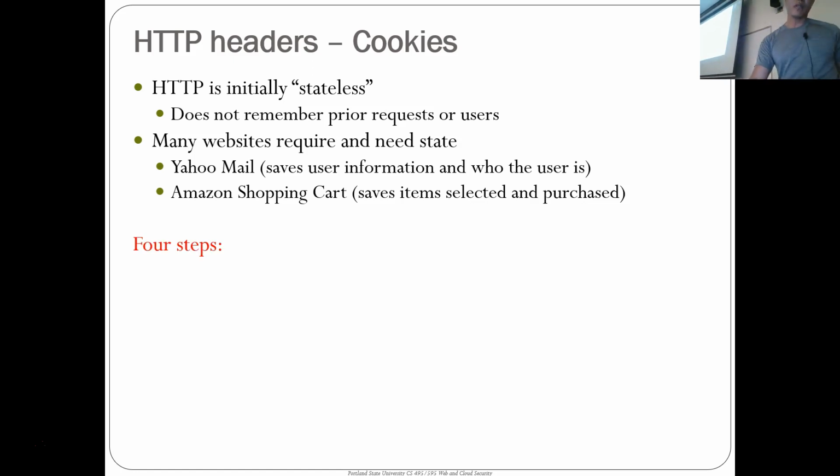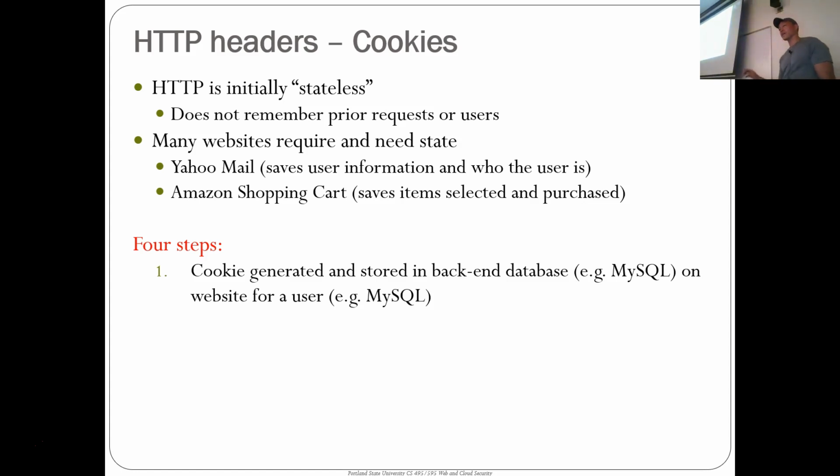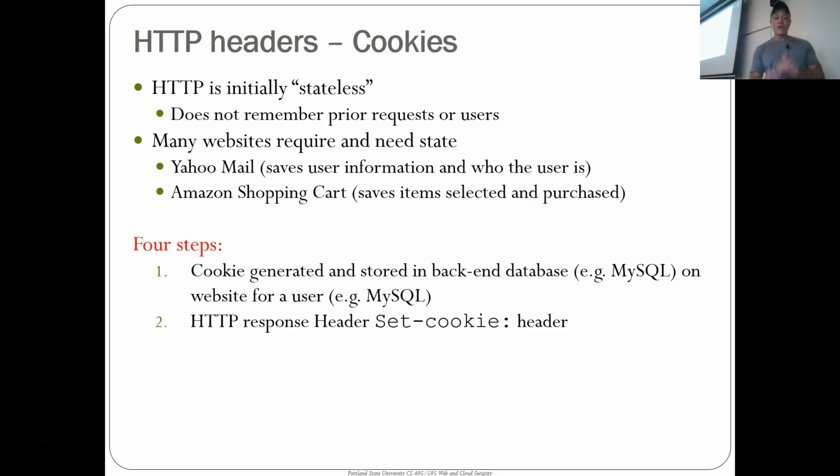The first thing that happens is the server will generate a thing called a cookie, and it's typically a random string that is not predictable on the back end. Then it stores this random string, this cookie, in a database and associates it with the particular session it's currently processing. Then it sends an HTTP response header that tells the browser to store that random piece of data.